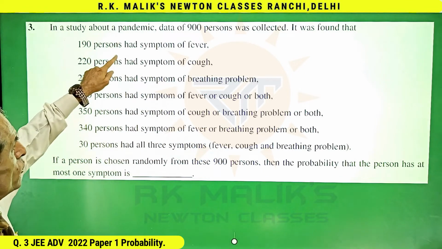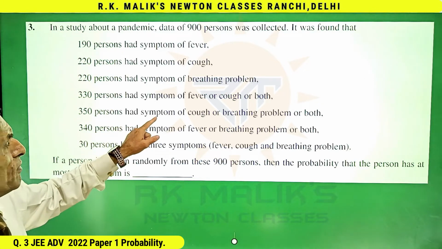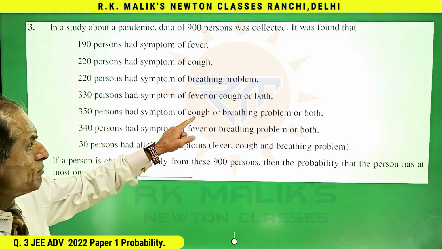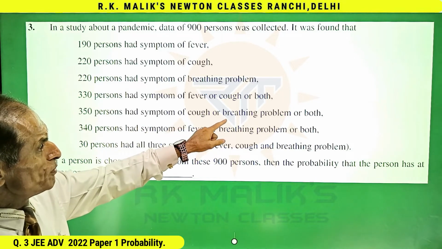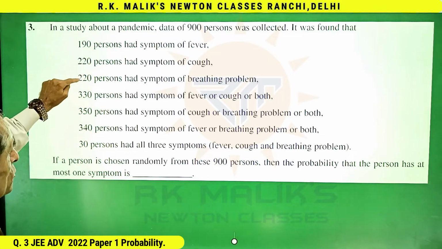That is union of these two sets. 350 persons had symptom of cough or breathing problem or both. That is union of these two.